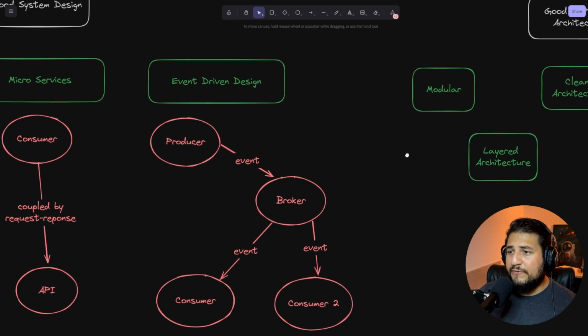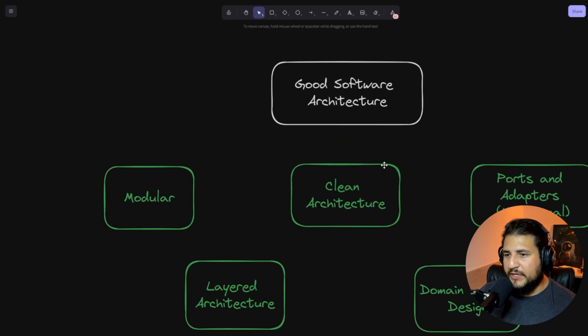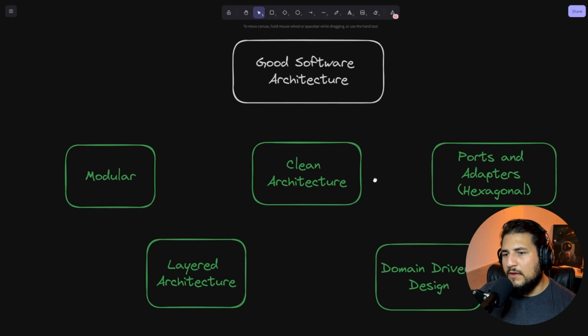Okay, so I want to finish this video speaking about software architecture. And when I say architecture, I mean the code design itself, the internals. System design is about the big picture, but software architecture is about the internals, the code design itself.